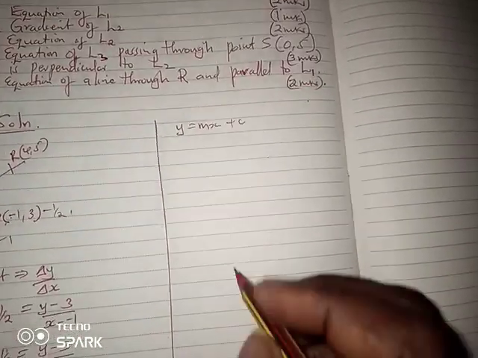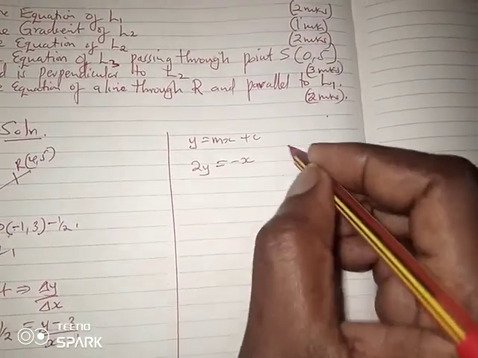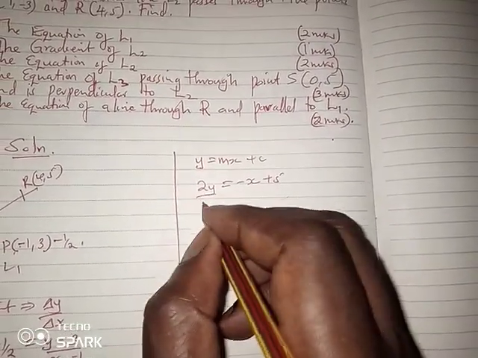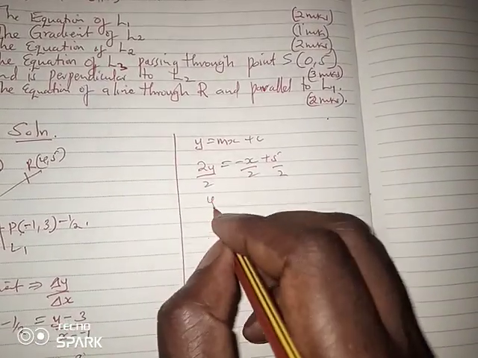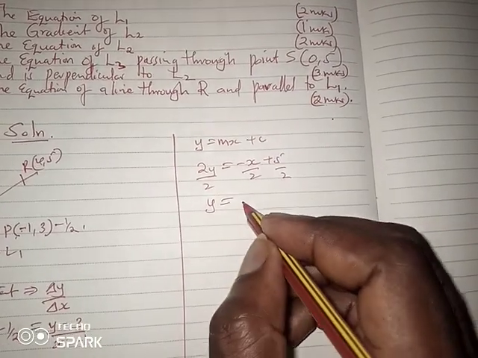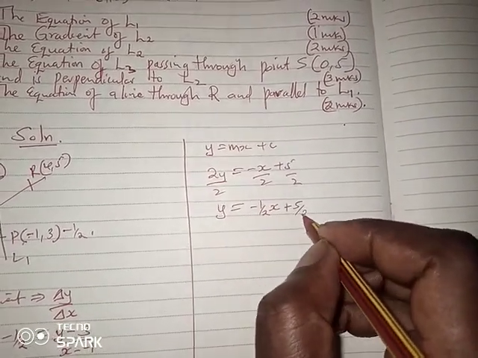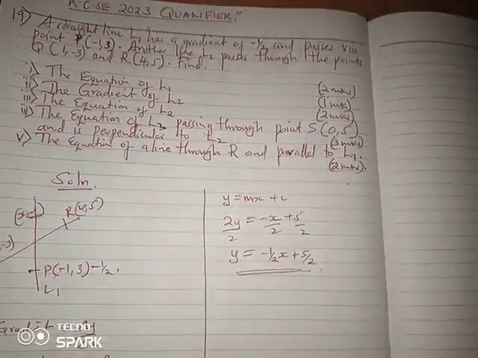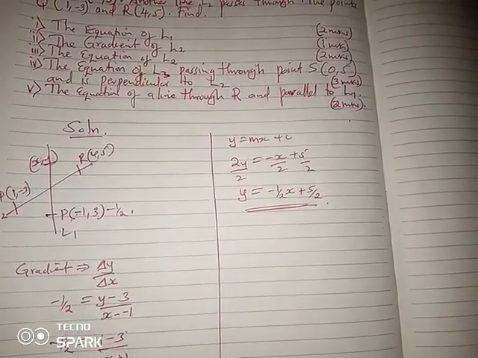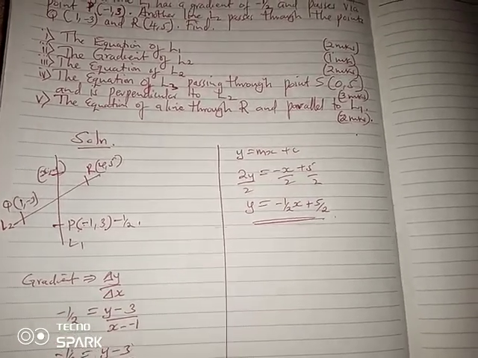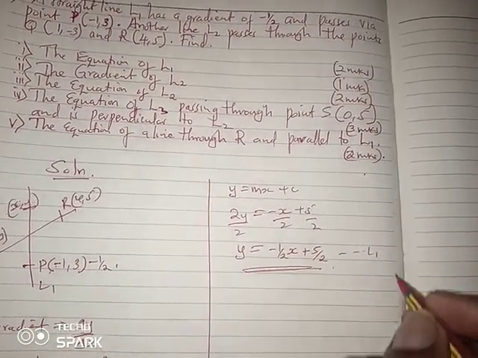So I divide by 2 on both sides, and we have y equals negative half x plus 5 over 2. That is our equation of L1.